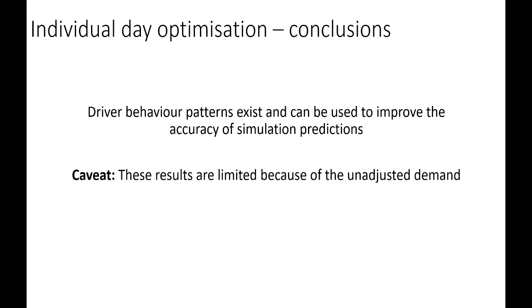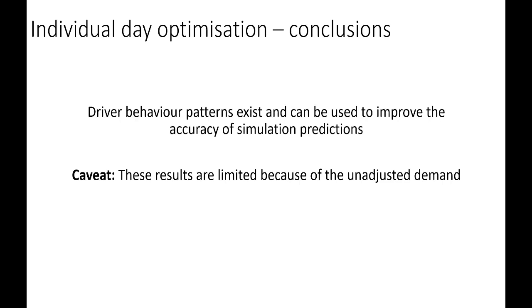But the big caveat with these results is that because we haven't adjusted the demand, we've cheated a little bit. We're essentially optimizing something that's mismatched, where the input to the model is the base demand, this average thing, and the output of the model is the specific thing we're trying to match, an individual value.